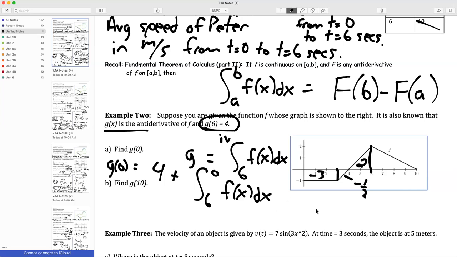I've got 4 plus, from 6 to 4, it's 2, and so I'm changing the sign, and that's going to give me -2. And then I've got -3.5 from 4 to 0, and I change the sign there, so it'll be plus 3.5. And so that's going to give me 2 plus 3.5. So g of 0 is equal to 5.5.